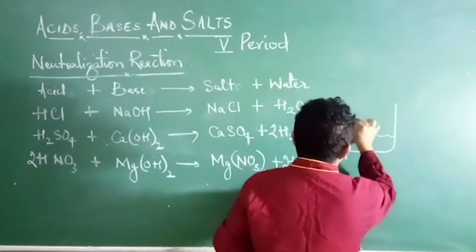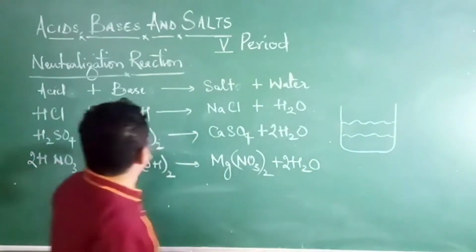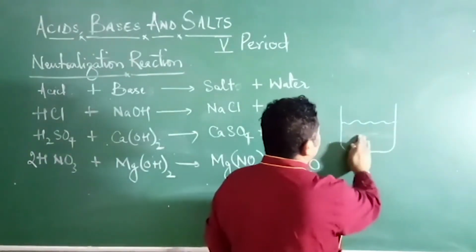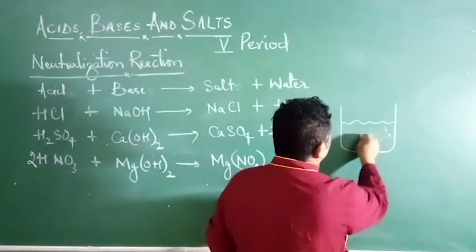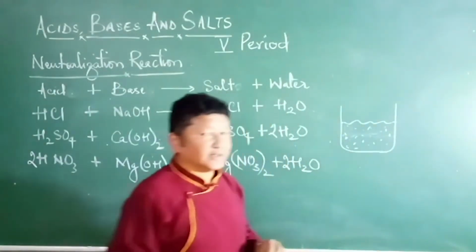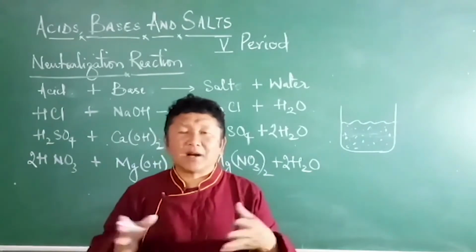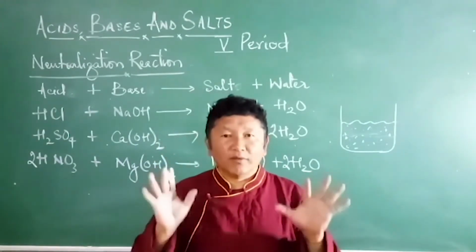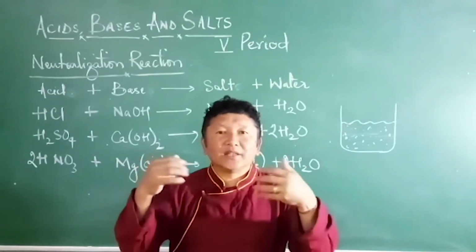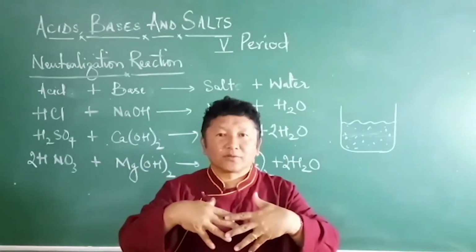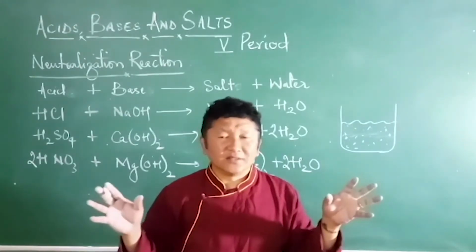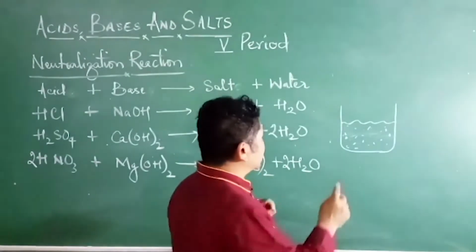Take a beaker with hydrochloric acid, HCl, and sodium hydroxide as the base. They get dissociated completely in the form of ions. First they are in the form of compounds, as acid and as base, but when they come in contact with one another they dissociate into ions.